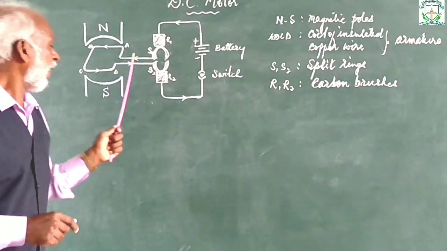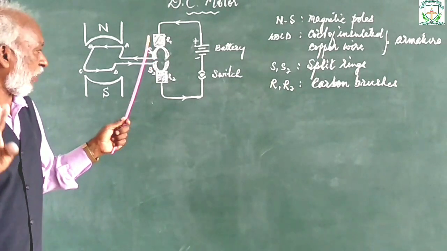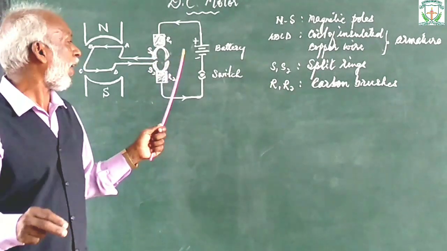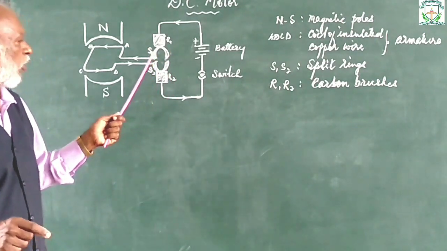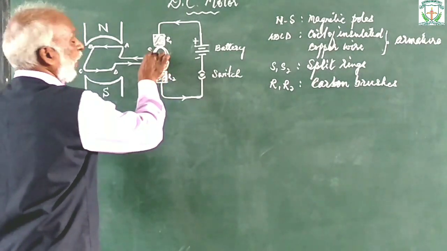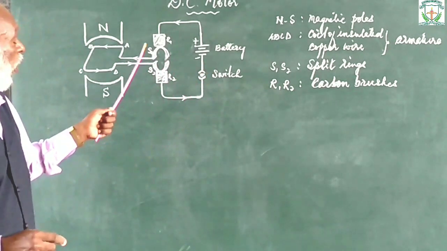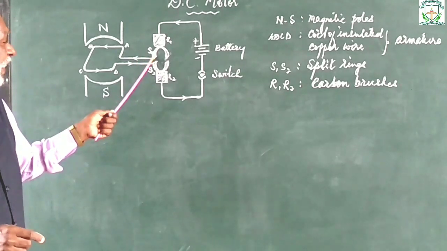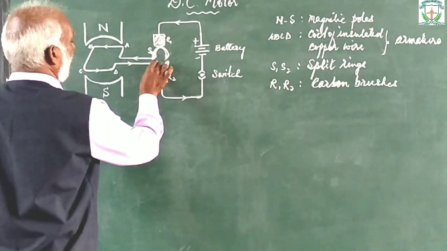The two ends of the copper wire are connected to two split rings, copper rings. What are split rings? A whole copper ring is cut into two parts, and each one is called a split ring. So split ring 1, split ring 2. The ends are soldered here.